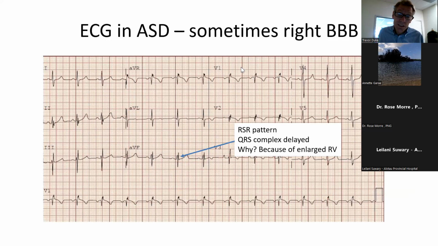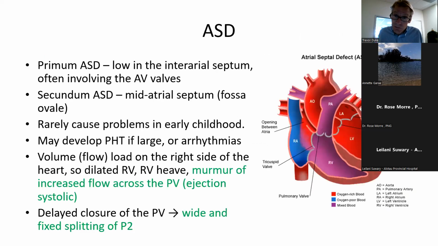Why? Because there's more blood flowing from the left atrium to the right atrium, and therefore there's more blood going through the right ventricle. And so that can lead to right ventricular hypertrophy. Unlike with a VSD, you can have biventricular hypertrophy.